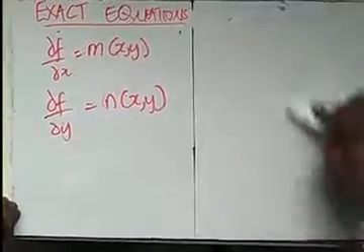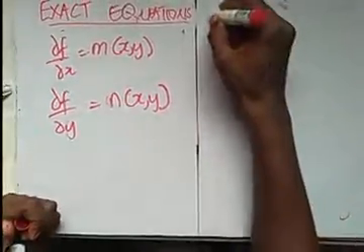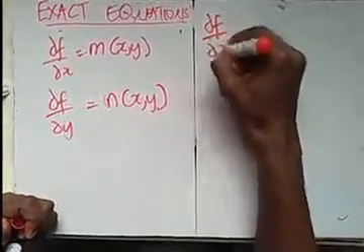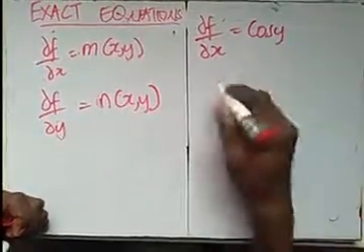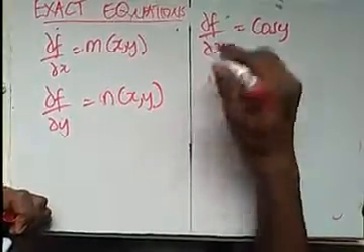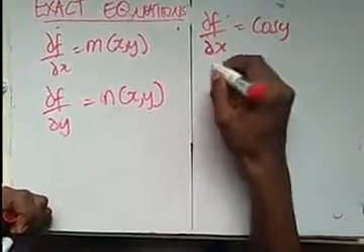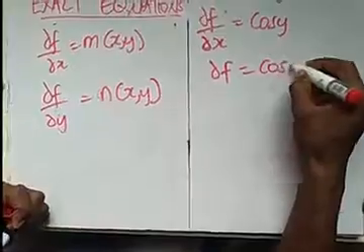So our first step: the partial derivative of f over the partial derivative of x is equal to M, which is cos y. So you multiply through by the partial differential of x, and we obtain df equals cos y dx.